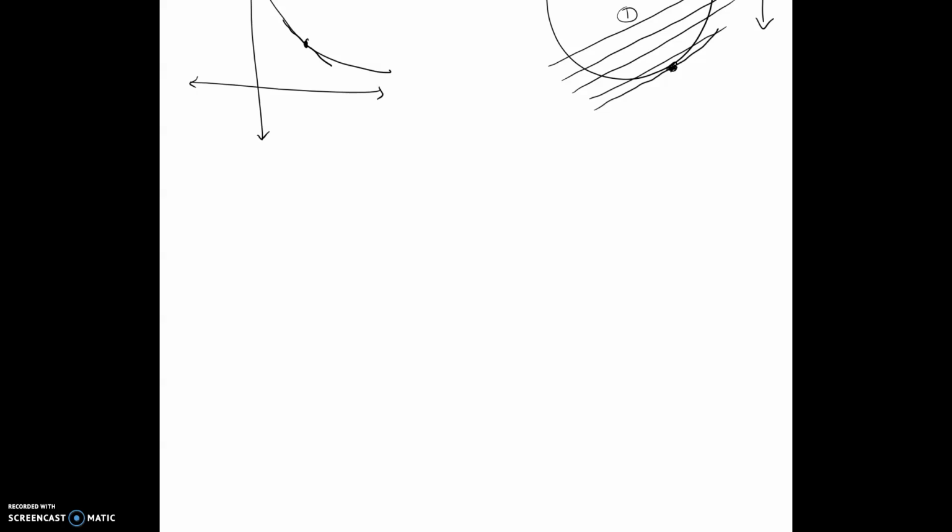Let's start with a curve something like this. And suppose we want to find the slope at a point. So we start off with a chord that's cutting it like that, and it's between a point x.